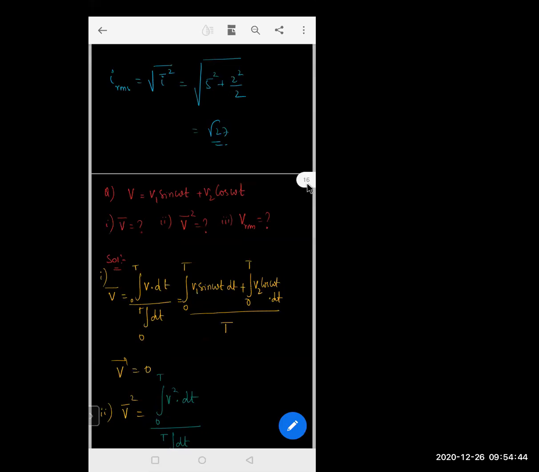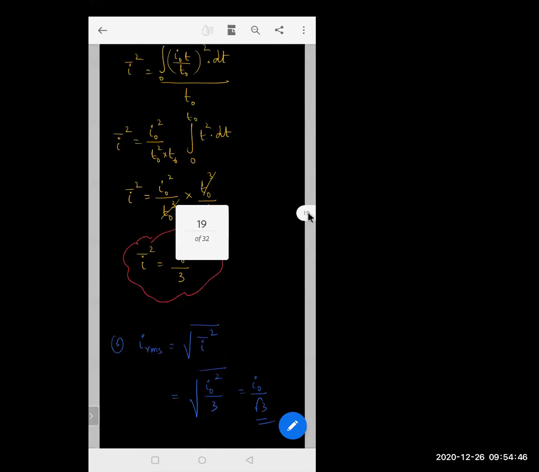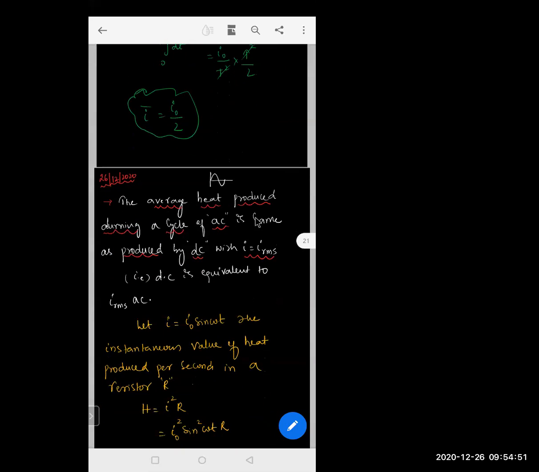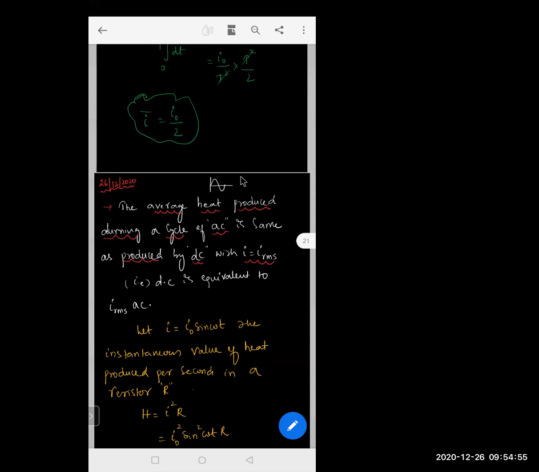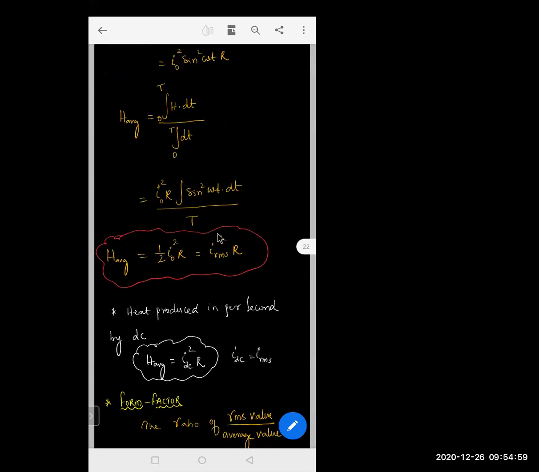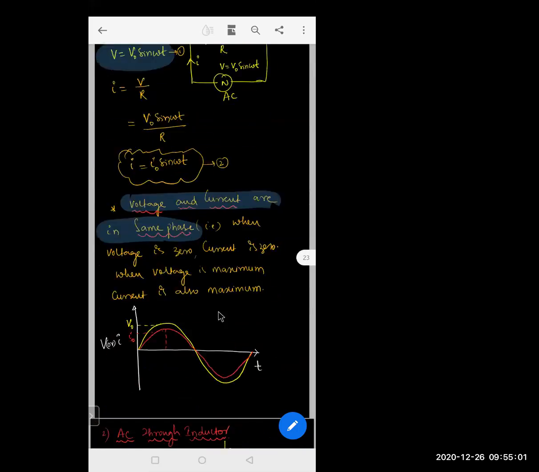It is somewhere from page number ఇక్కడ. గ్రాఫ్ ప్రాబ్లమ్ చేయండి అన్న. Somewhere today's notes, this one. Okay.